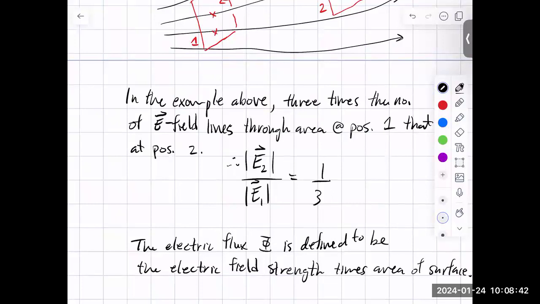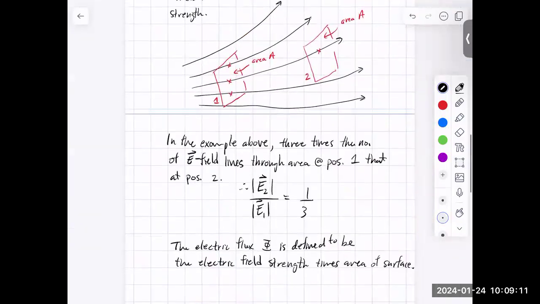What that tells us already very quickly is that electric field strength is proportional to the number of lines divided by area, and the electric flux is the electric field strength times area. So we have number of lines divided by area times an area. Another way of interpreting electric flux is that it's counting how many lines pass through a surface of a certain area.